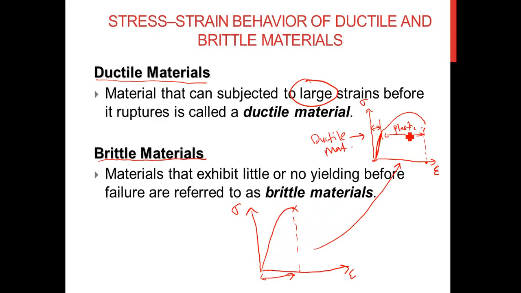So that is the difference between the stress strain diagram for the ductile material and for the brittle material. So I hope you can differentiate between these two stress strain diagrams.